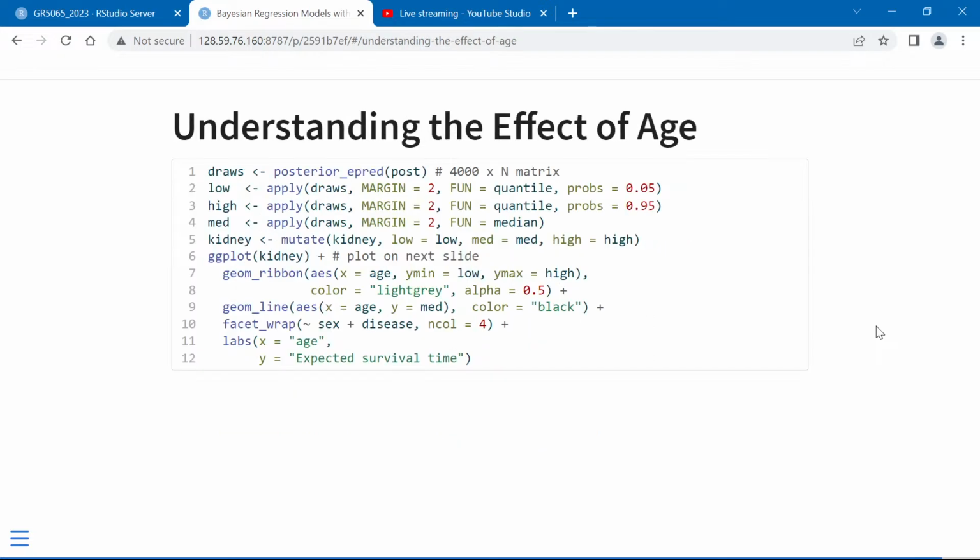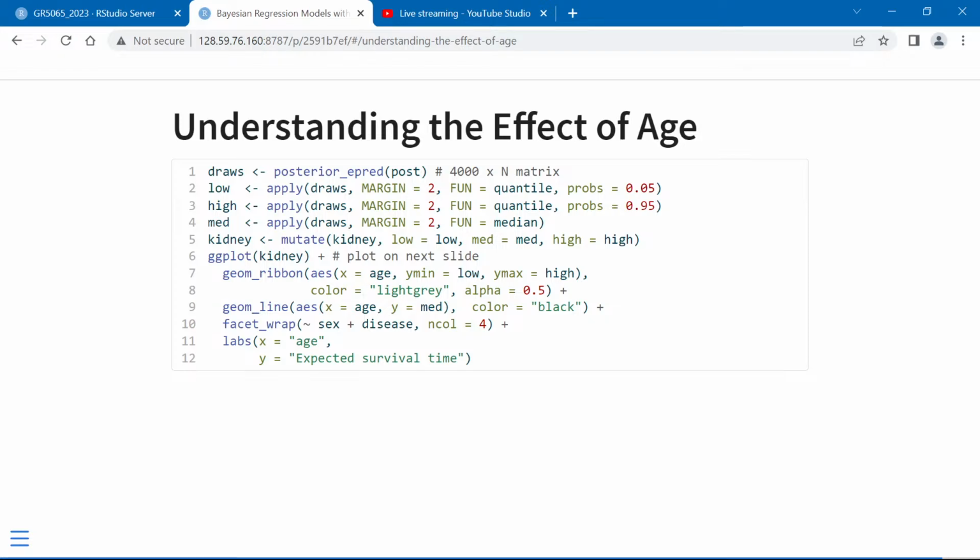So let's say we didn't look at the summary and we wanted to understand the effect of age. We can get posterior epred, which applies the inverse link function, so this is going to be in units of time, but there's no censoring in the posterior expectation. This is the expectation of how long you really live in reality, not how long we observe you to live in the study.